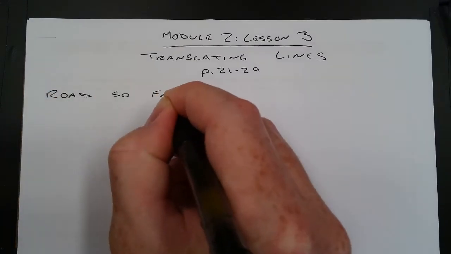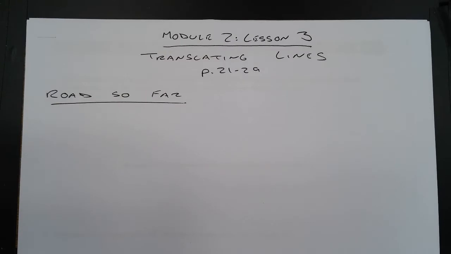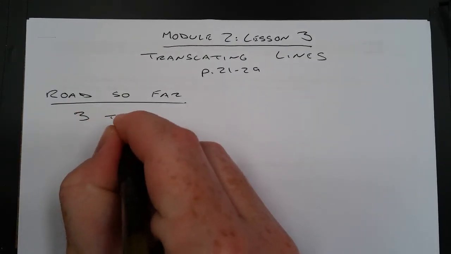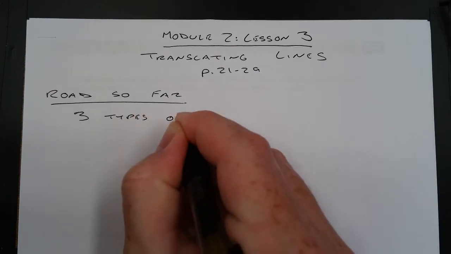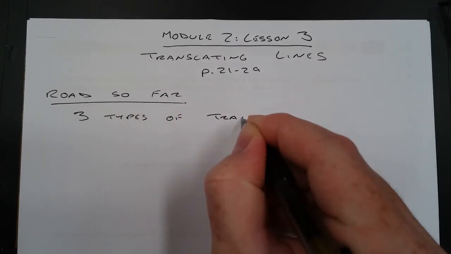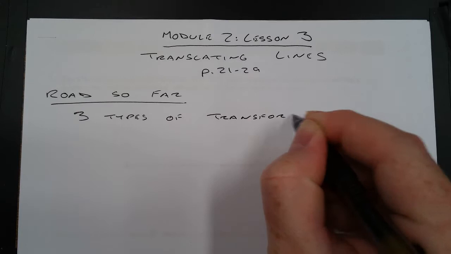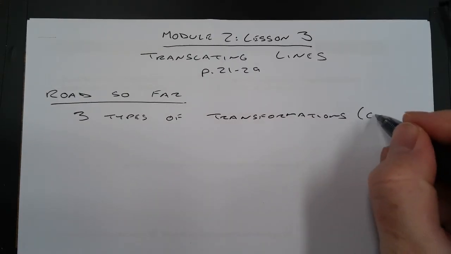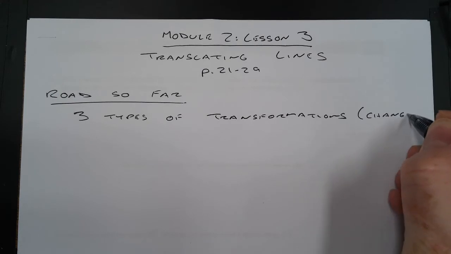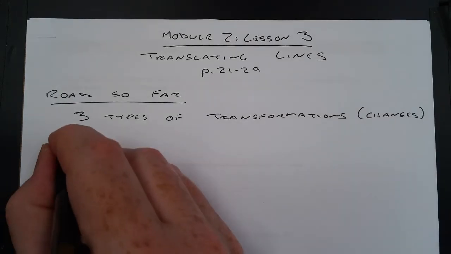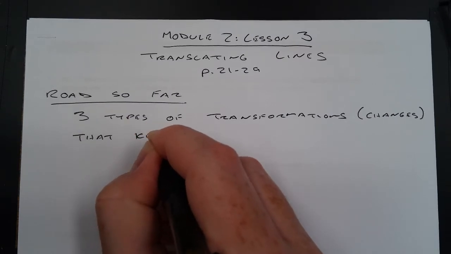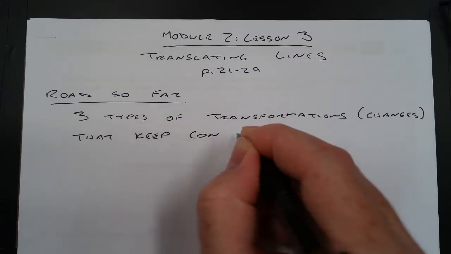What have we learned so far in Module 2? Well, we learned that there are 3 types of transformations, 3 types of geometric transformations or changes that keep congruence.